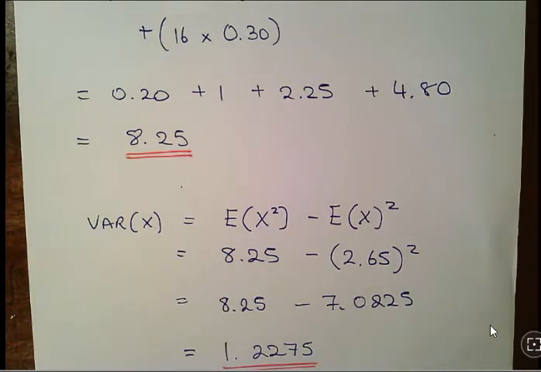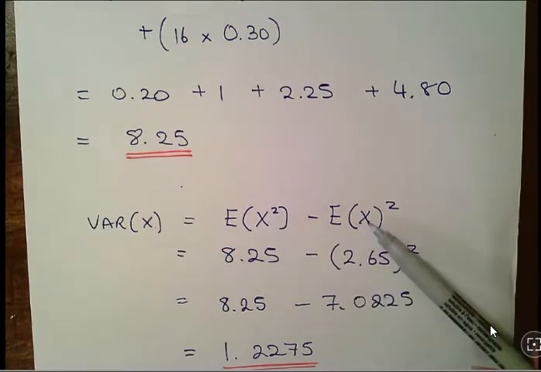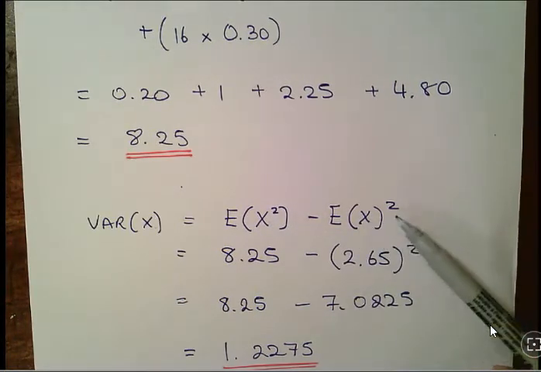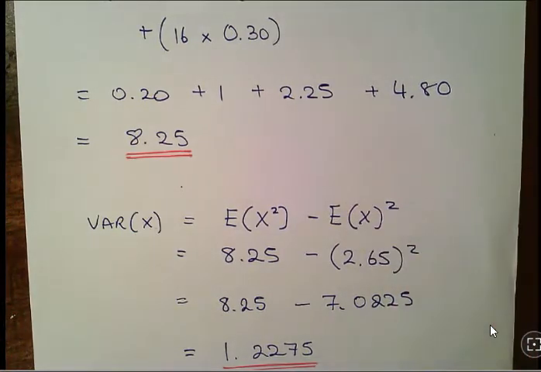Now just watch that important difference, okay? These are two very, very different values. Remember, this is x squared in the bracket, and this is the expected value of x, squared. Let's put a bracket around the E of x there. That's a very important difference.